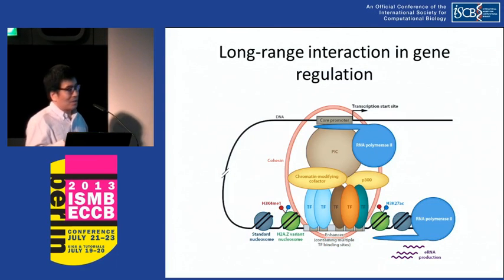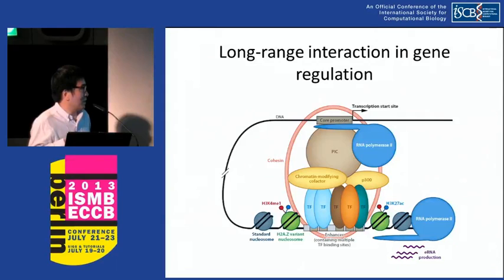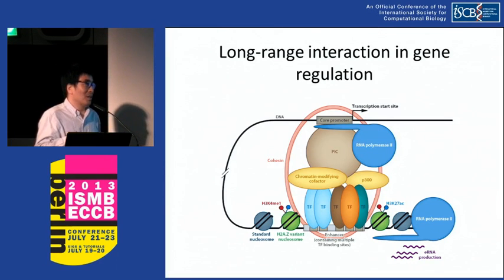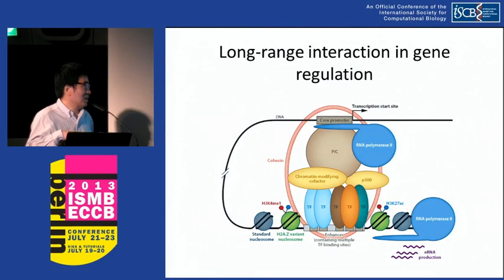So the other drawback in the functional annotation is the long-range interactions. You can see that many of the enhancers, especially, are several hundred kb away from the target gene. So traditional annotation is that you just use a hard cutoff, for example, 10,000 upstream of the transcription start site, and you define this as a regulatory region.